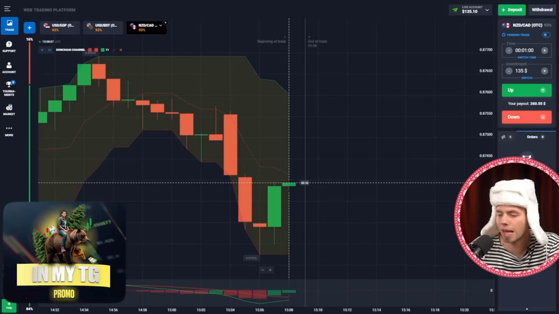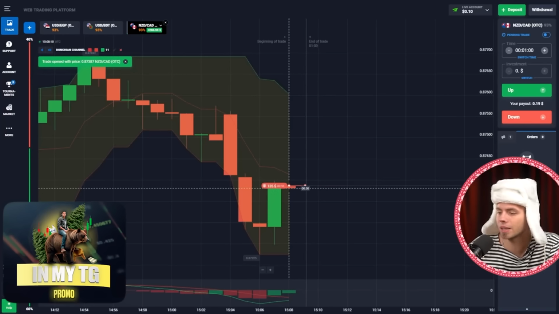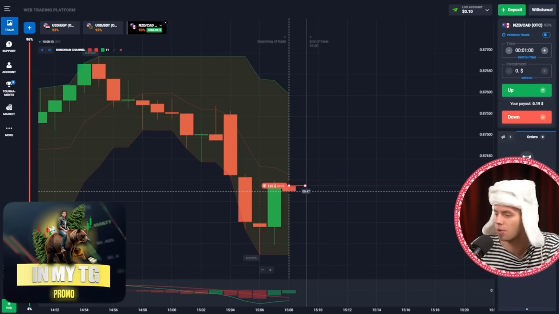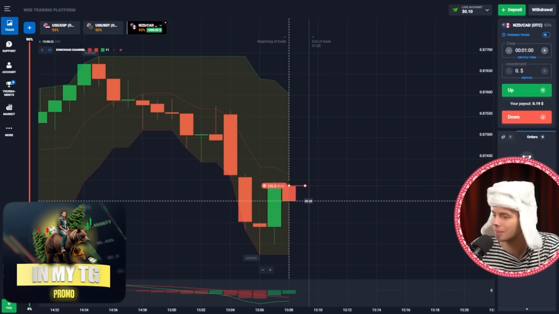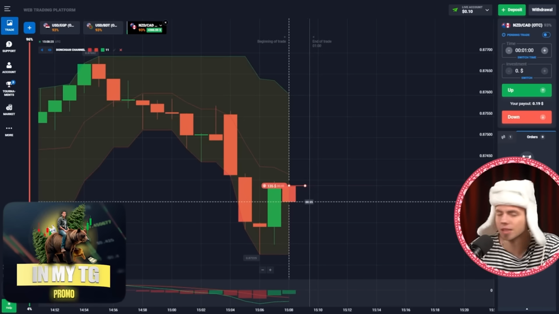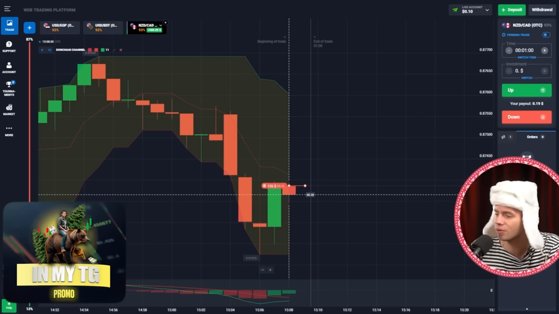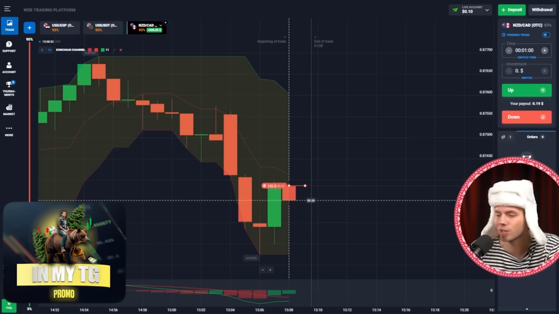So according to the MACD indicator right now, we are in a downtrend over here at the moment, and therefore we consider mainly short trades right now. And yeah, we also failed to break through the middle line of the channel, as you can see.